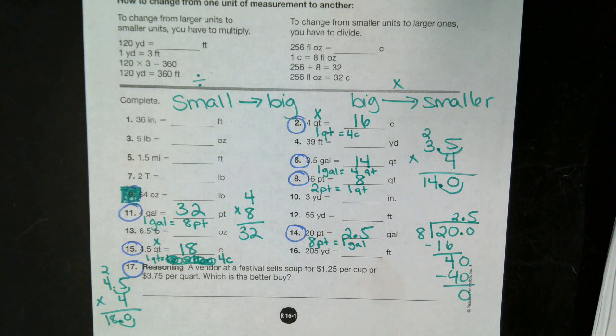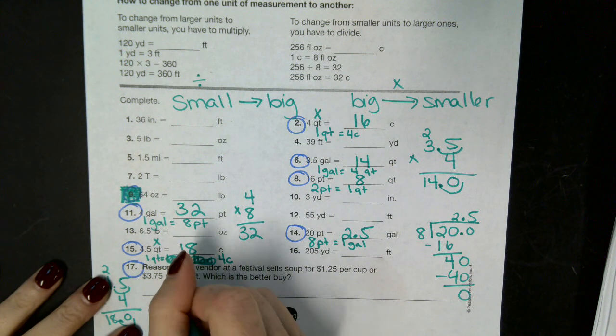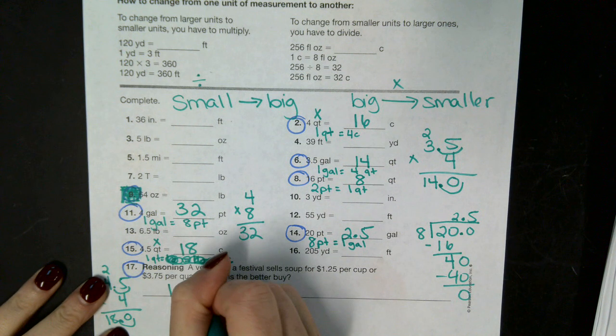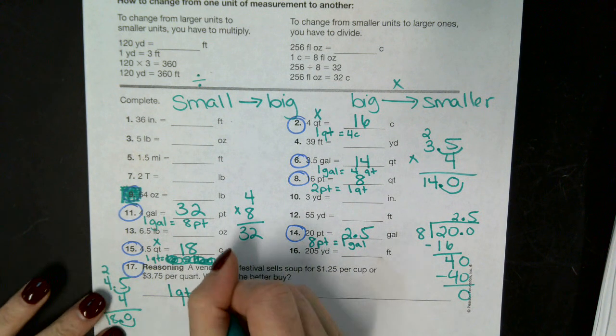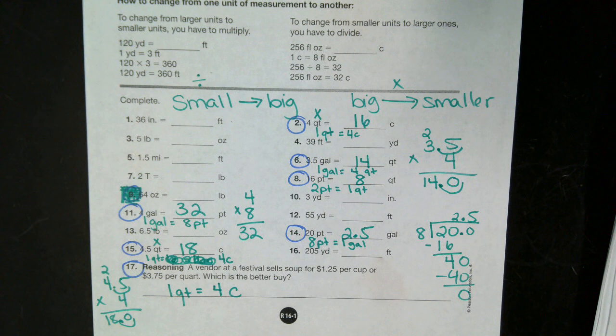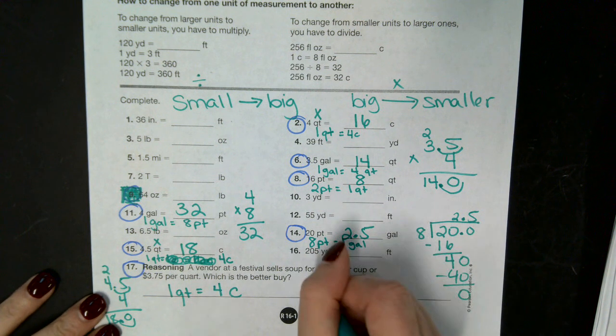So the first thing I'm going to do is find out how many cups are in 1 quart. In 1 quart, I have 4 cups. So I know this for a fact. Now, if I were to buy the soup by the cup, I would take the price per cup, $1.25, and multiply it by 4.